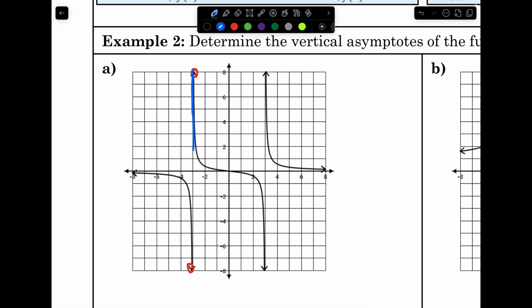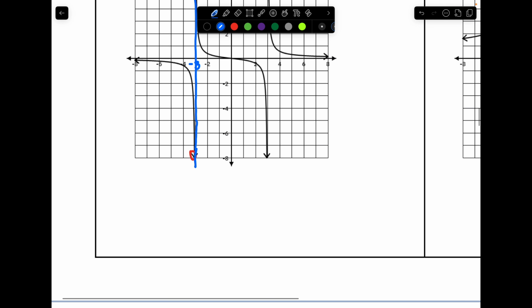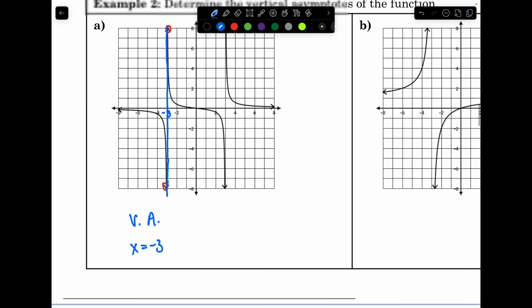There's this imaginary vertical line here that is causing this discontinuity, that's breaking the graph into two different, not connected parts. And the vertical line, since it's intersecting the x-axis at -3, is the vertical line x equals -3.